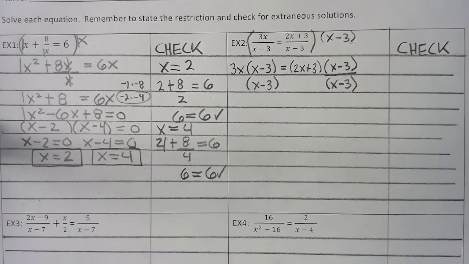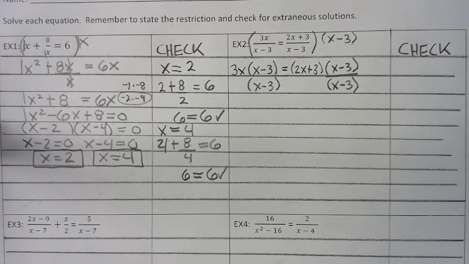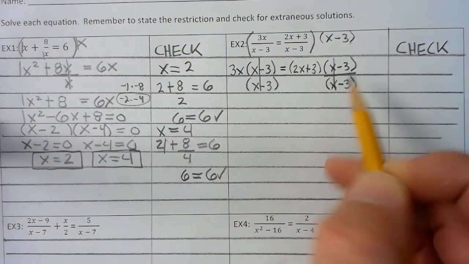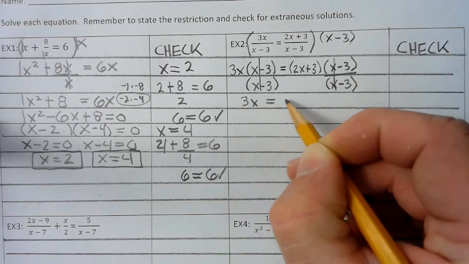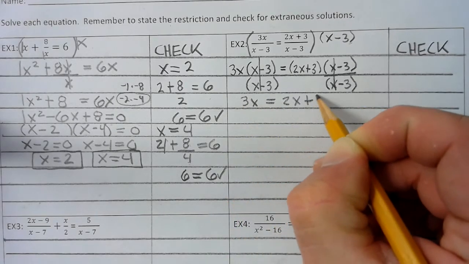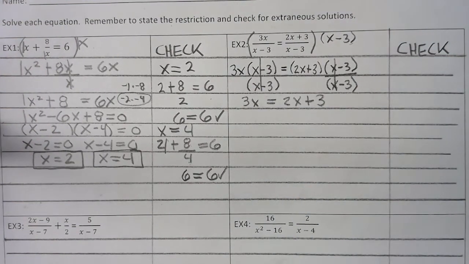Sorry for the interruption. So this becomes 1. This becomes 1. So you're left with 3x equals 2x plus 3.